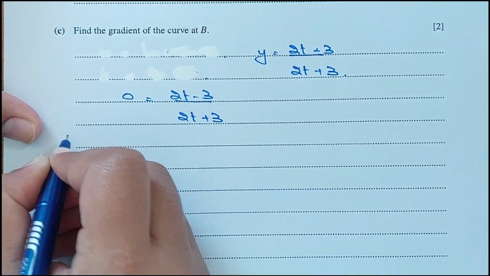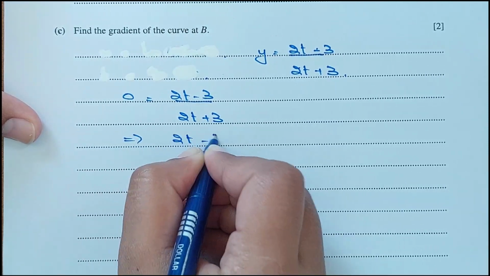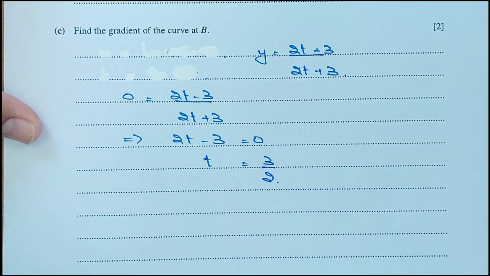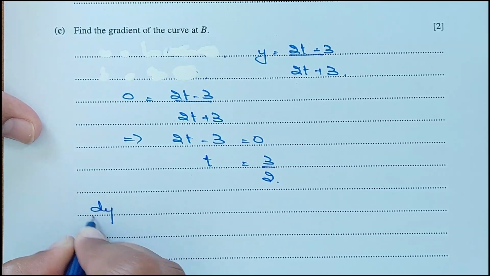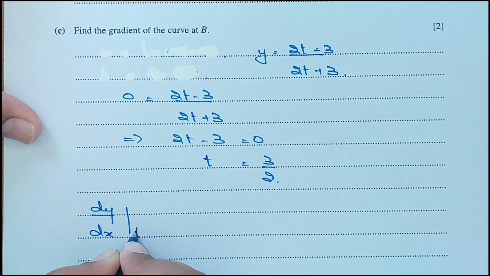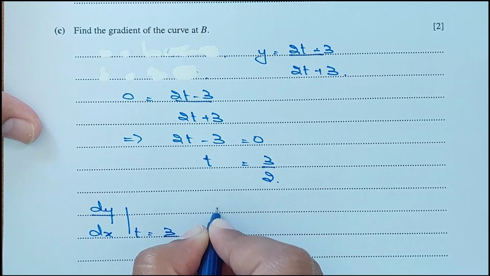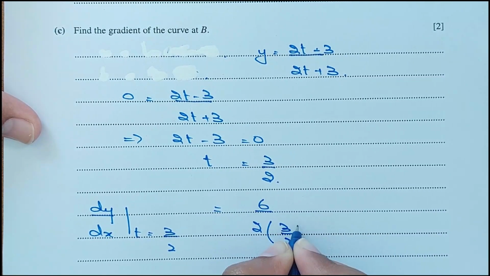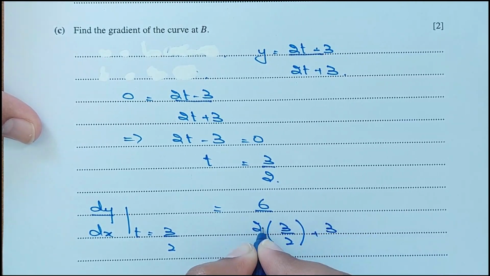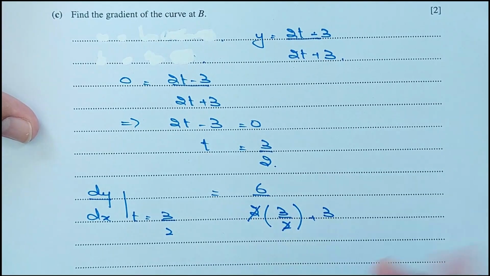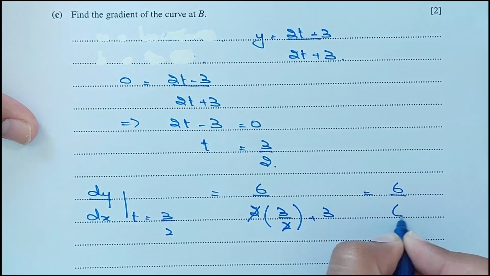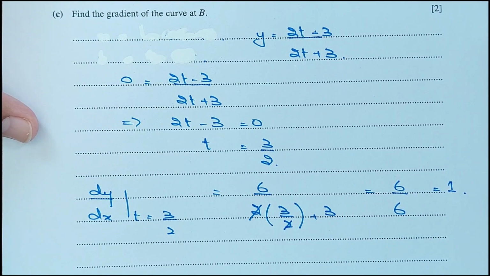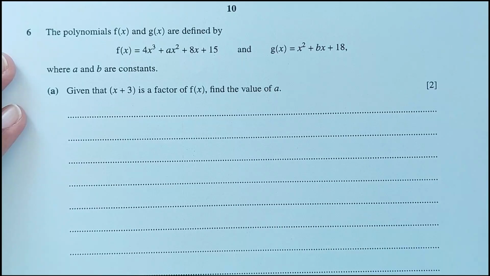So cross multiplication gives me 2t minus 3 equals 0, and t would be equal to 3 by 2. So we have the t value. So dy over dx at t equals 3 by 2. This would be 6 over 2 times 3 by 2 plus 3, right? So 2 is cancelled with 2. 3 plus 3 is 6. So this would be 6 over 6. That would be 1. So the gradient of the curve at point B is 1, and at point A, the gradient is 6.